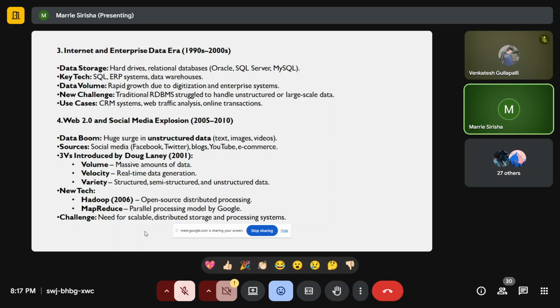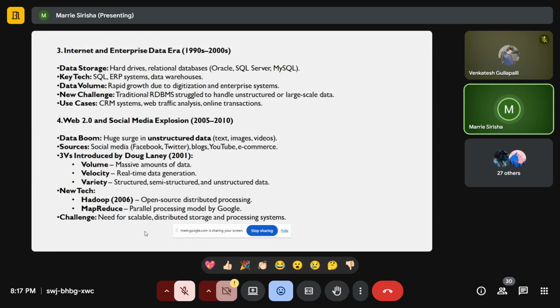Okay, traditional means that is the first database management system concept that has struggled to handle the unstructured data. That we are going into another evolution.